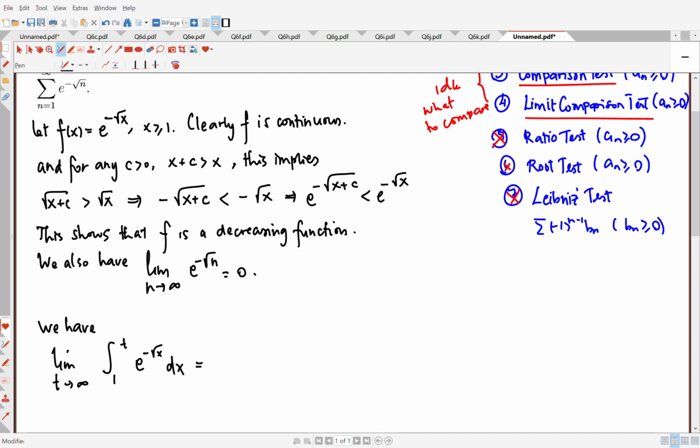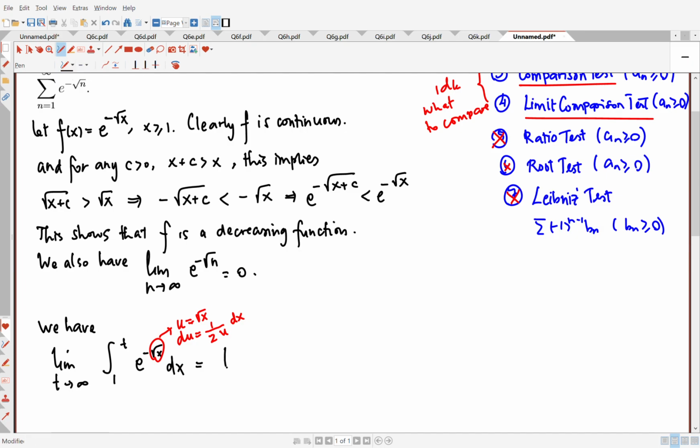This, okay, how to solve this? We can let u be square root x, then du will be 1 over 2 square root x dx. Square root x is just u, so dx is 2u du.